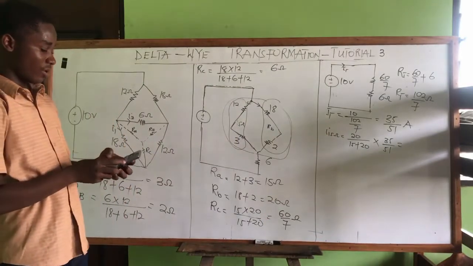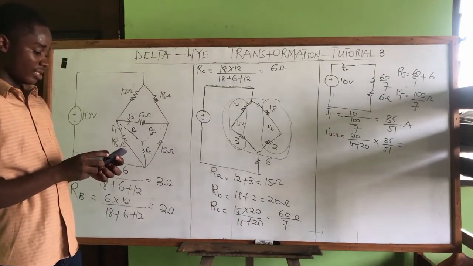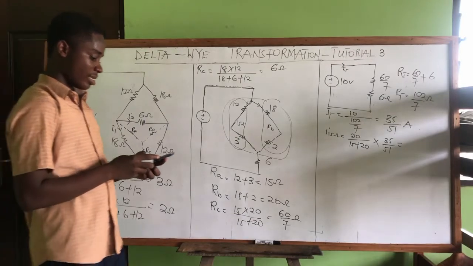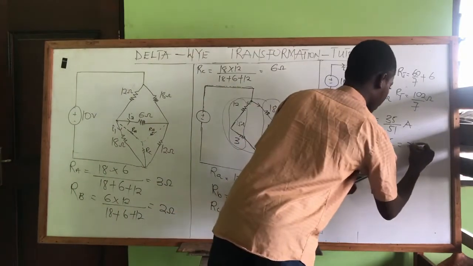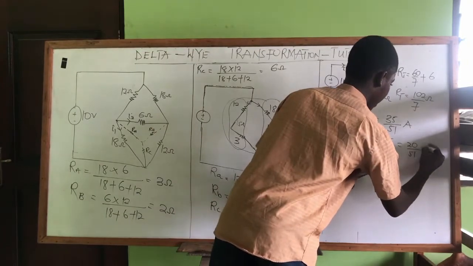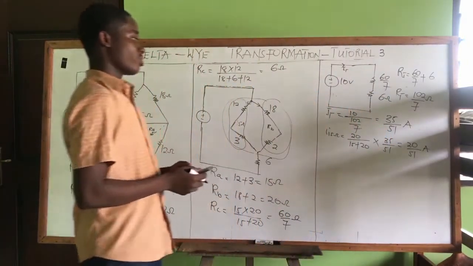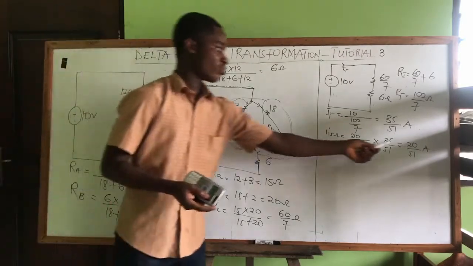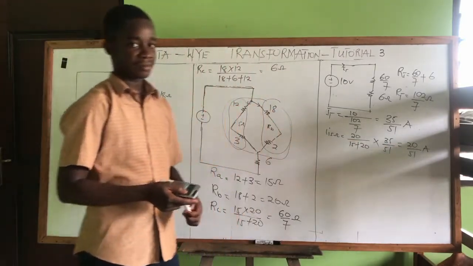We have 20 on 15 plus 20 multiplied by 35 on 51, and we have 20 on 51 amperes. So the current flowing through the 15 here is 20 on 51 amperes.